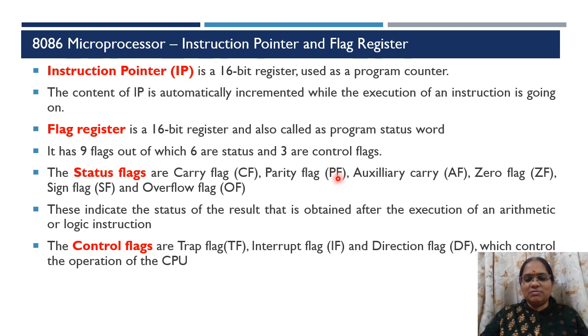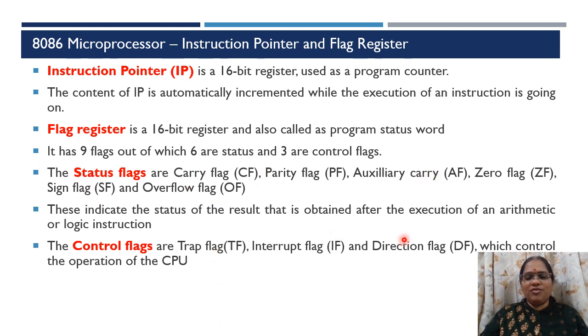If a parity is observed, the parity flag will be set. If you have a carry from one nibble, that is a part of a byte, to the next nibble, the auxiliary carry will be indicated. If the result of any operation is all zeros, the zero flag will be set. The sign flag is for signed operation. If the result exceeds the limit, overflow. So the entire status will be indicated by these 6 flags.